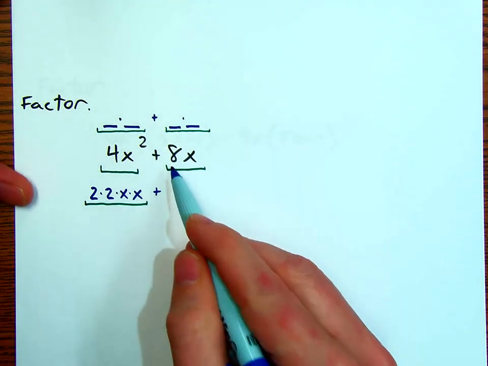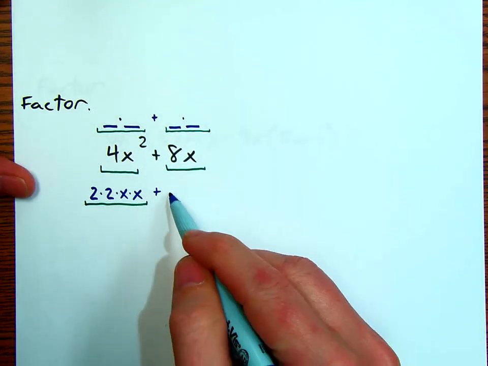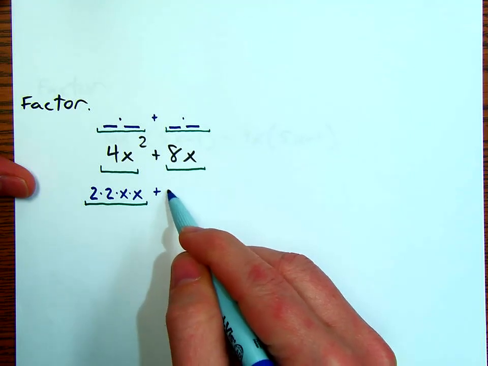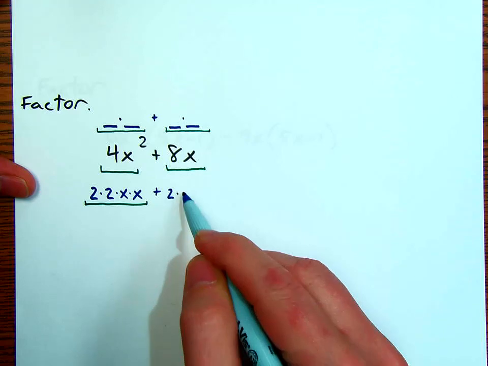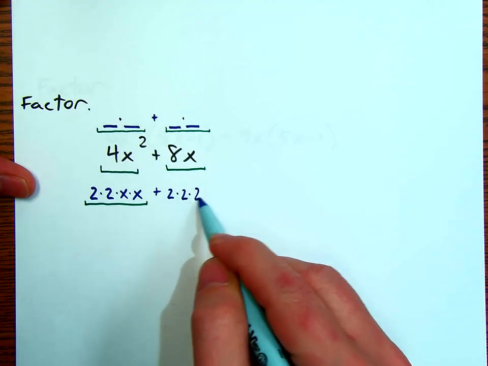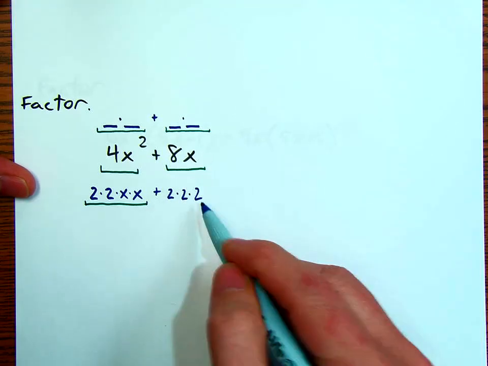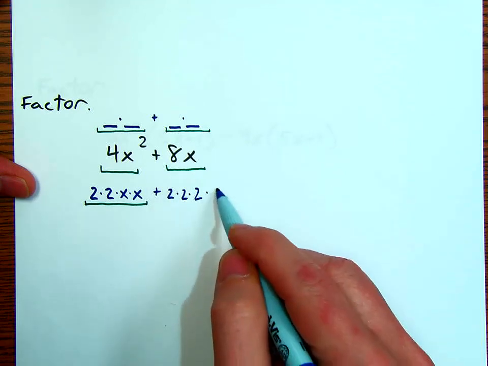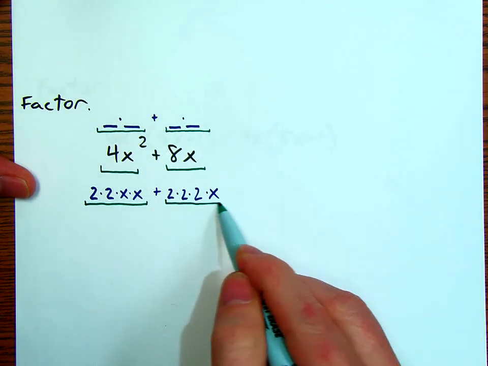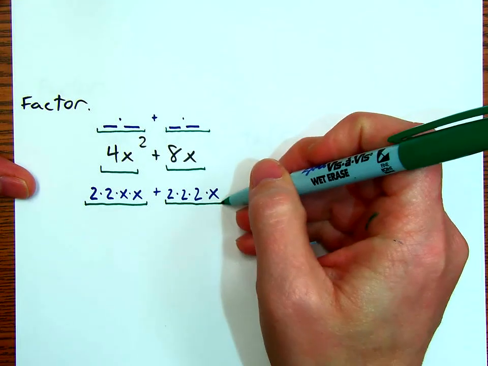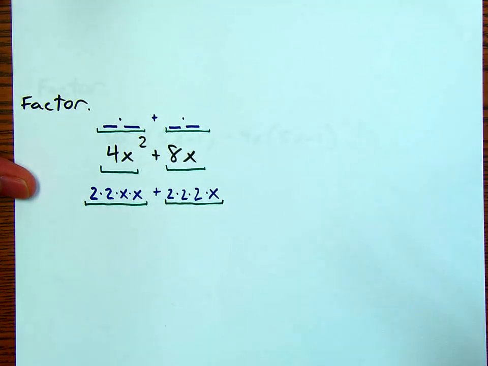Now if we break down 8 as far as possible, we could say that 8 is 2 times 4, but we know that 4 is 2 times 2. So really 2 times 2 times 2, 3 of them all together would multiply together to make 8. So if you wanted to break them down to its prime multiples, then that would work.